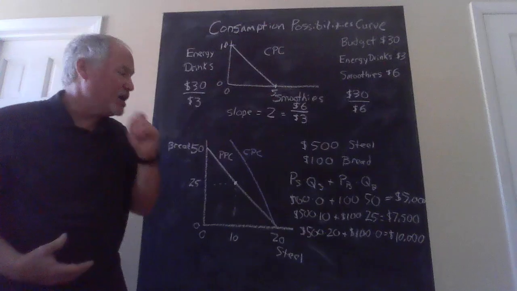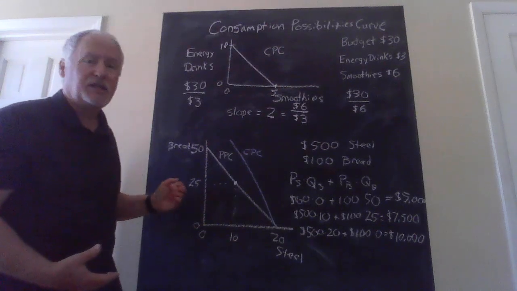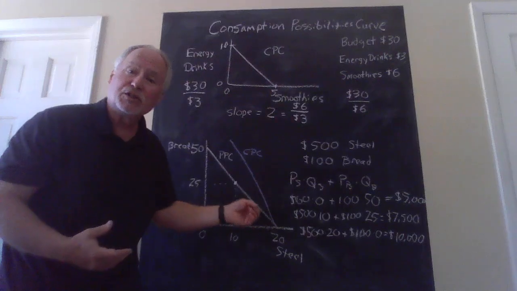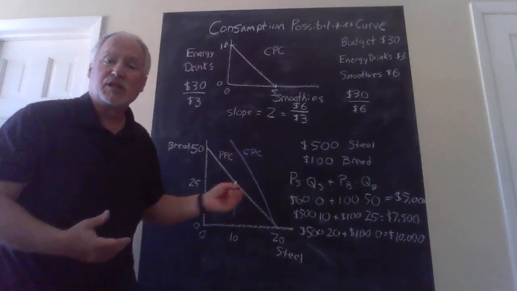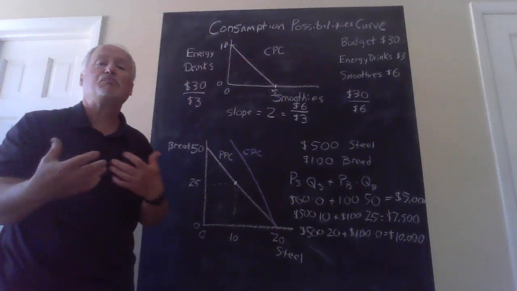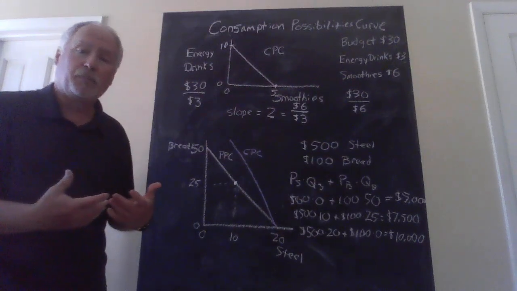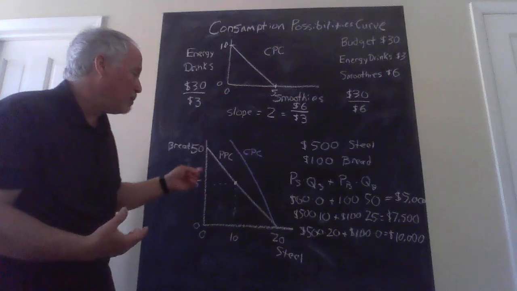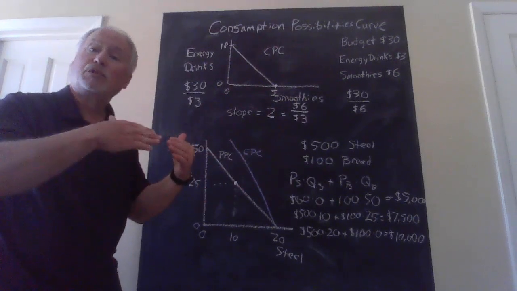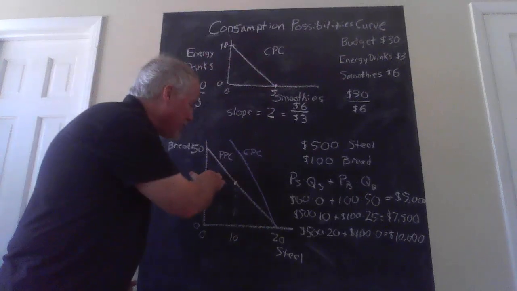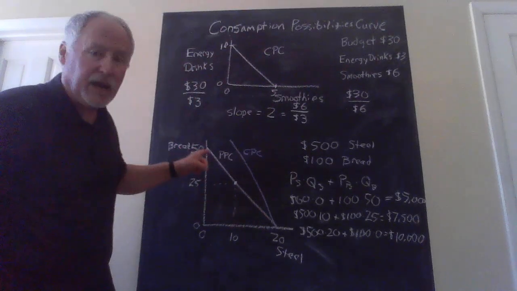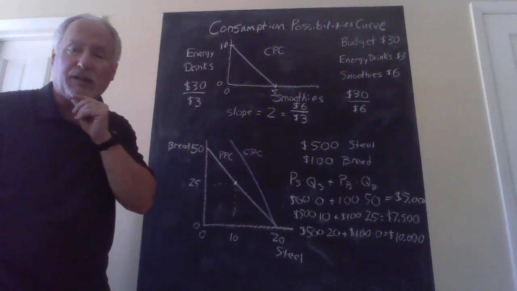If this nation would like to consume both some steel and bread, then the firms in this country that produce steel and bread would have to be willing to produce both bread and steel. What does that mean about the prices? Well, it would turn out that the prices in this nation, if this nation was an autarky, would have to be the same as the slope of their production possibilities curve.